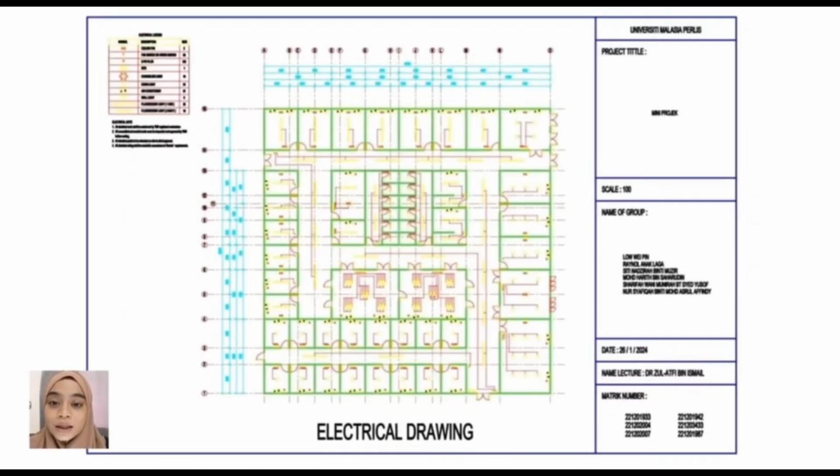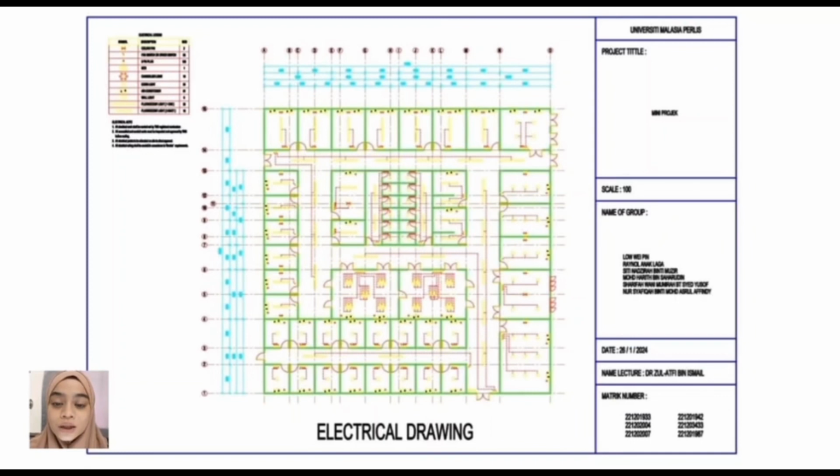Next, electrical drawing. Electrical drawing have same of architecture drawing and structure drawing. Okay, example is grid line, horizontal and vertical, dimension, and in detail of electrical. In electrical drawing have structure of electrical.